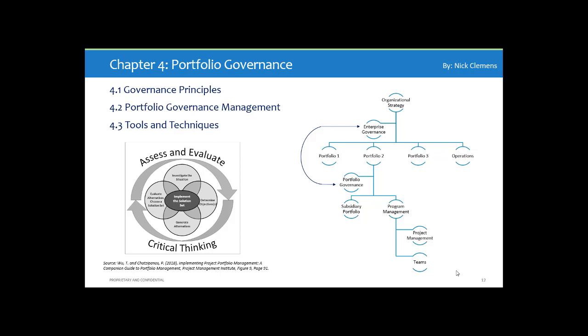The diagram on the right shows, in a very simplified fashion, how portfolio governance is really tied to the enterprise governance, influenced by the overall organization strategy. You also provide a broad overview of how portfolios, programs, as well as projects, all come together and fit in.